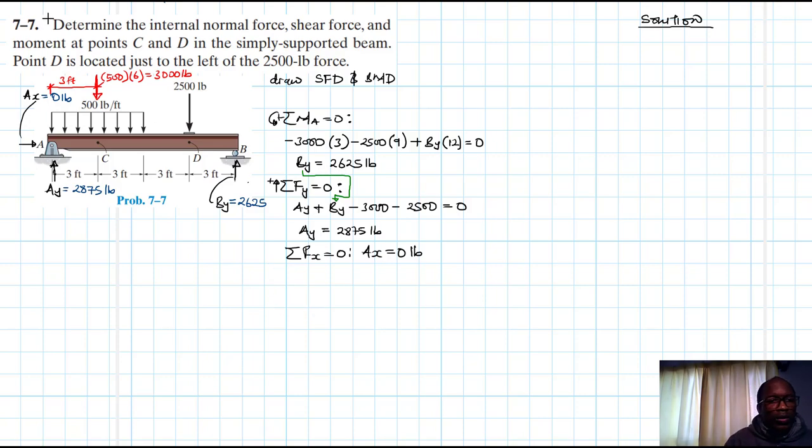So we have found all the support reactions. So let's now start making sections.